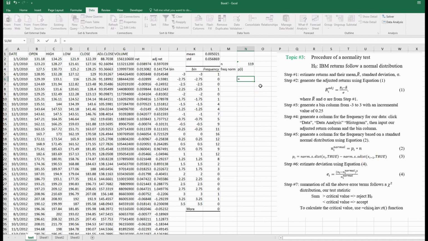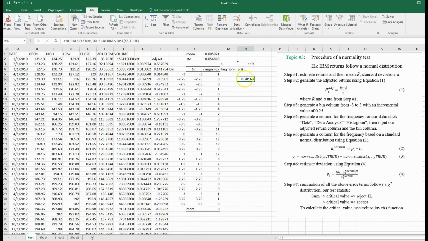So this is NORM.S.DIST of this value, then 2, because we use cumulative, minus NORM.S.DIST of the previous one, and 2.